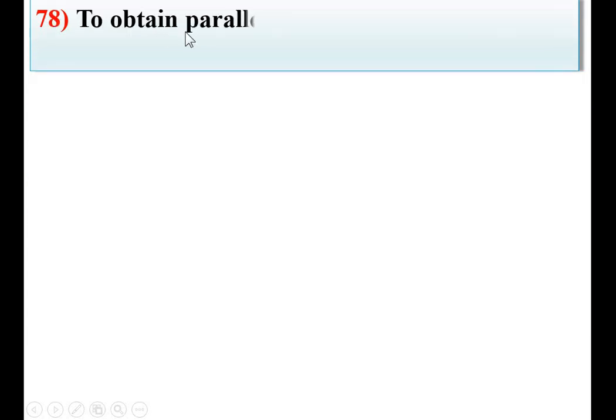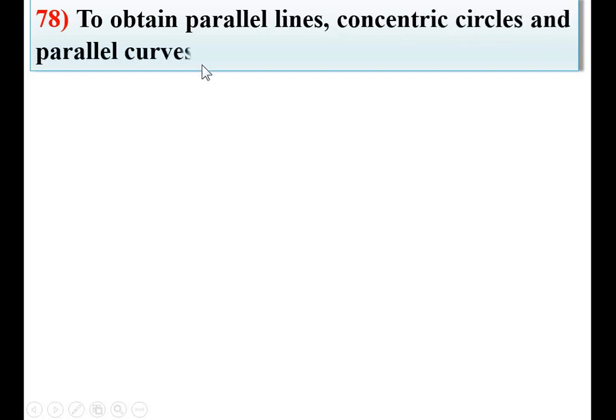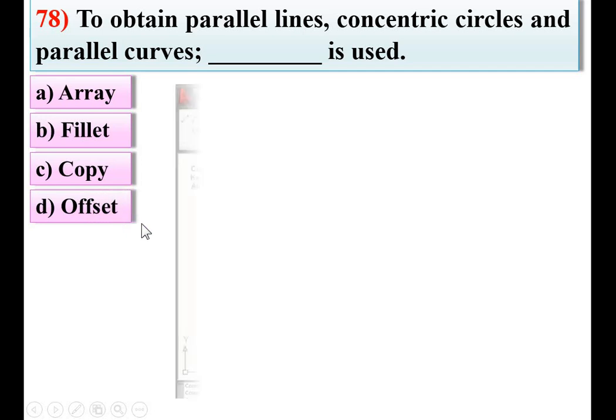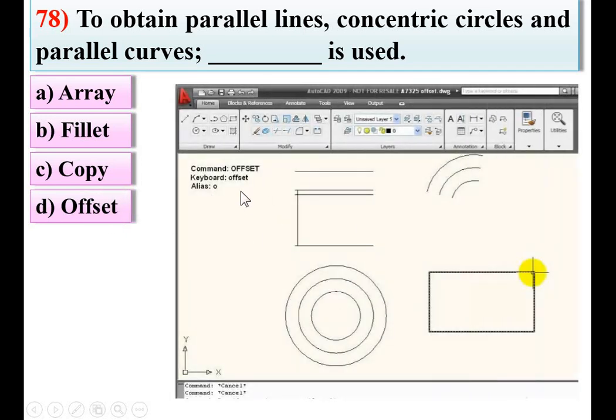Next, to obtain parallel lines, concentric circles and parallel curves, blank is used. Options: array, fillet, copy, offset. So consider the figure. Here, with the help of the offset command, I can get the parallel lines, I can get the concentric circles, I can get the parallel arcs.